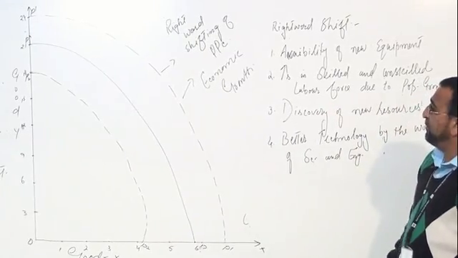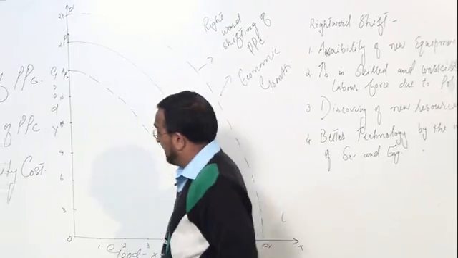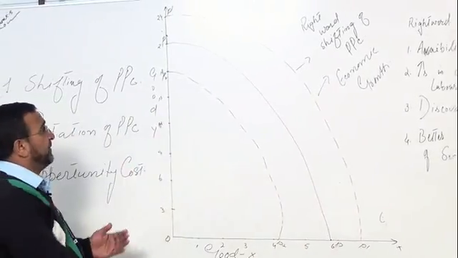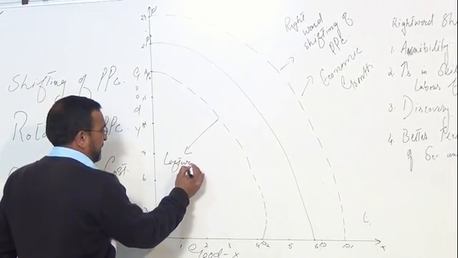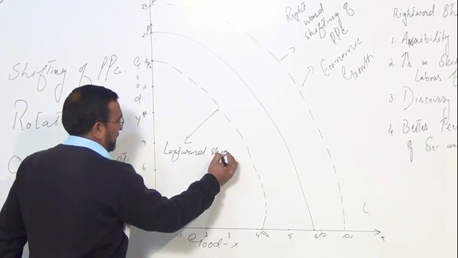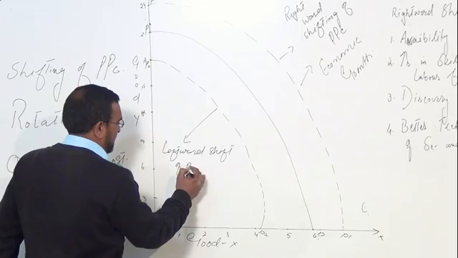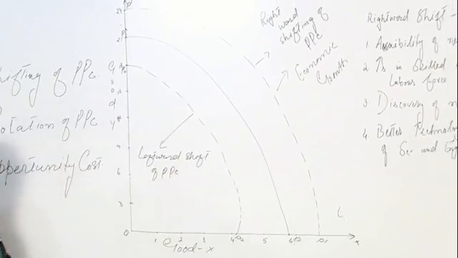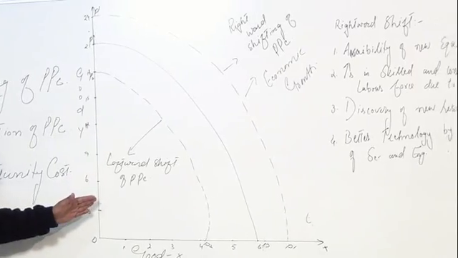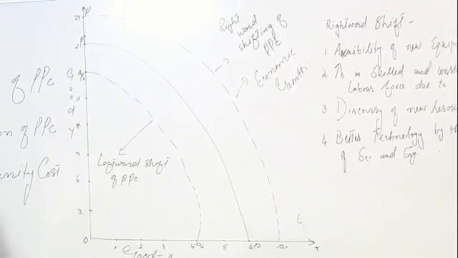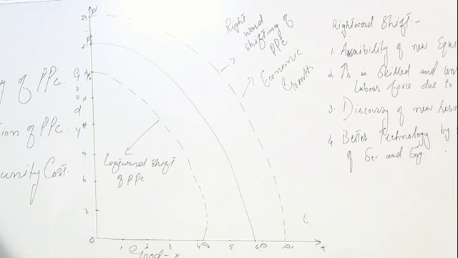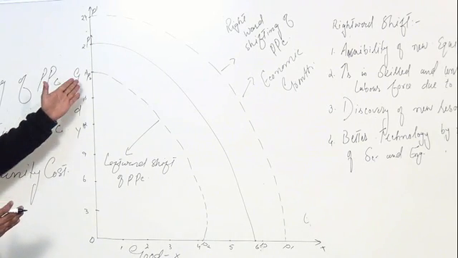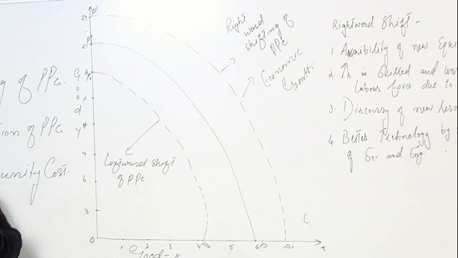Now we have one more shift of the production possibility curve, that is the leftward shift of the production possibility curve. This leftward shift simply shows that now in an economy, with the help of the given resources, the resources have decreased, we are able to produce less of X and less of Y. Now what are the reasons behind this?